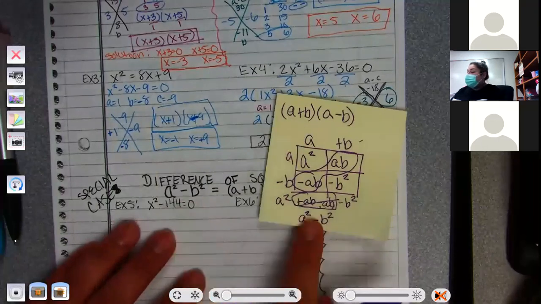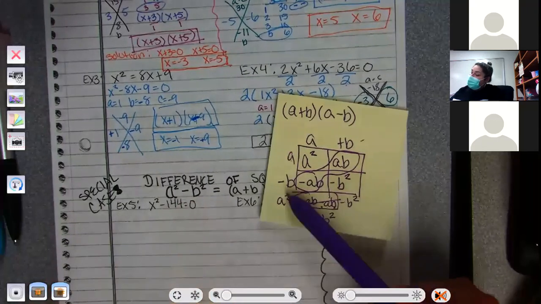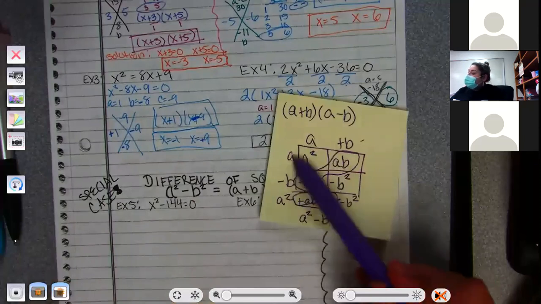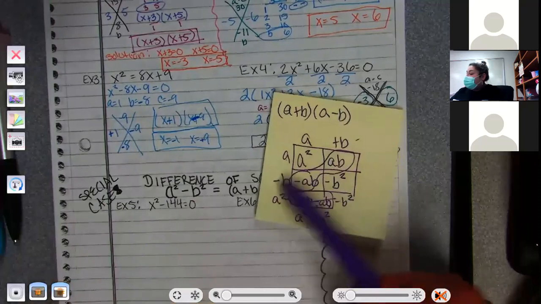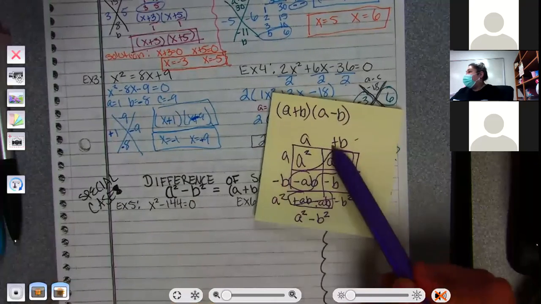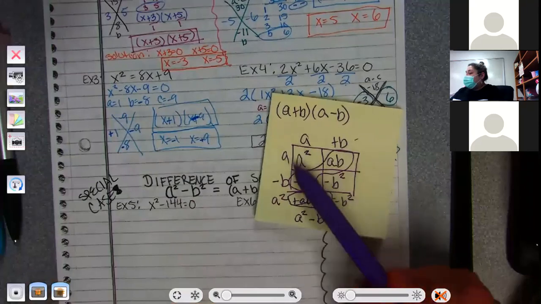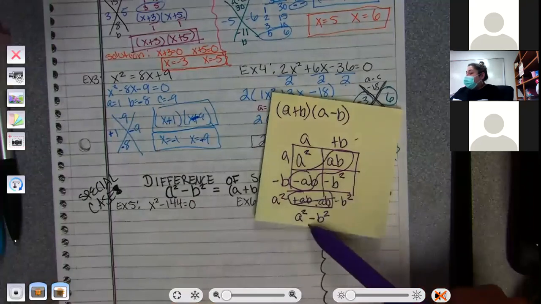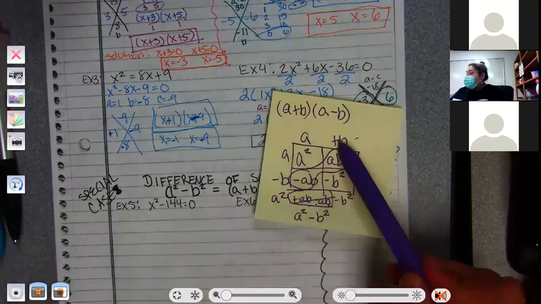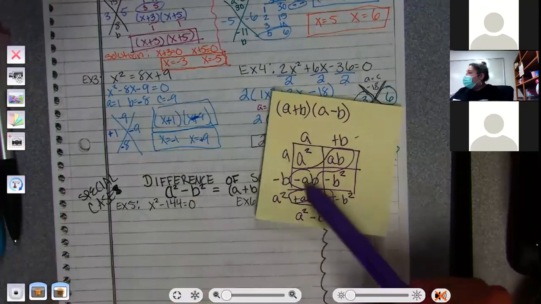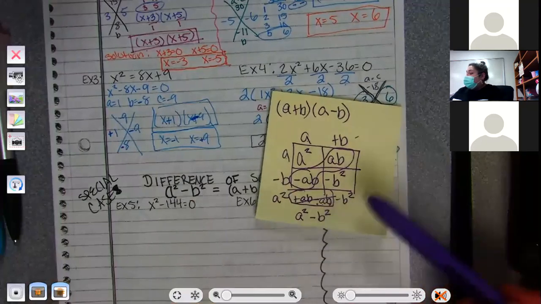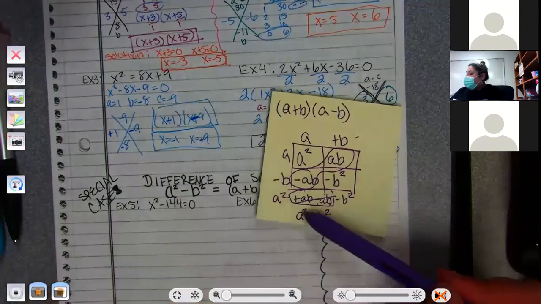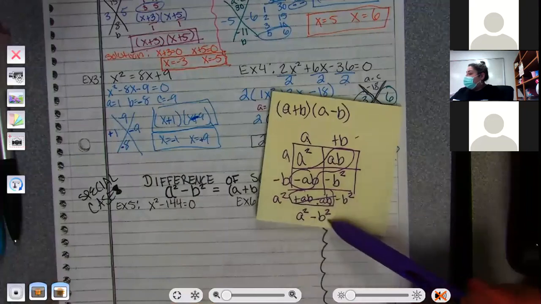So this comes from the fact that anytime you have the same numbers, do we notice that these are the same numbers? The only difference is that one's a minus and one's a positive, right? So when you have the exact same numbers with opposite signs, these middle terms will always cancel each other out, and you will always end up with A squared minus B squared, okay?